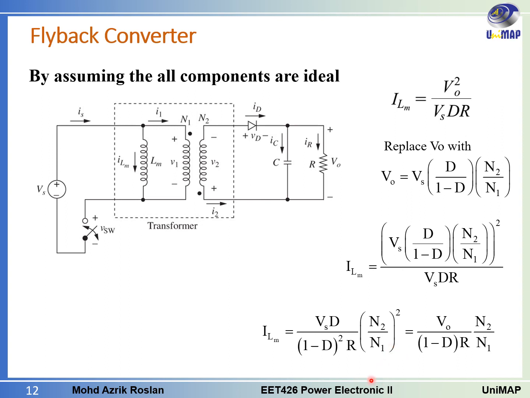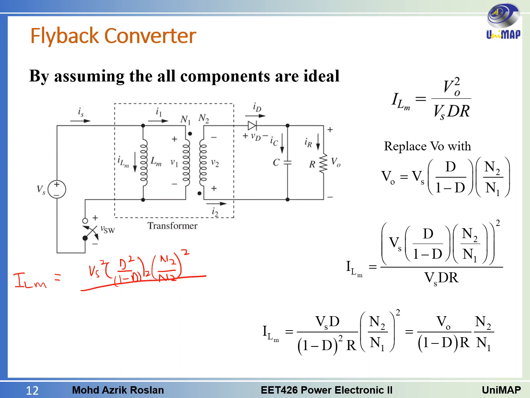Okay, so we can try to do that here. If we have ILM equals Vs d over 1 minus d, and n2 over n1. When you square everything, it means d will be squared, 1 minus d will be squared, Vs will be squared, right?